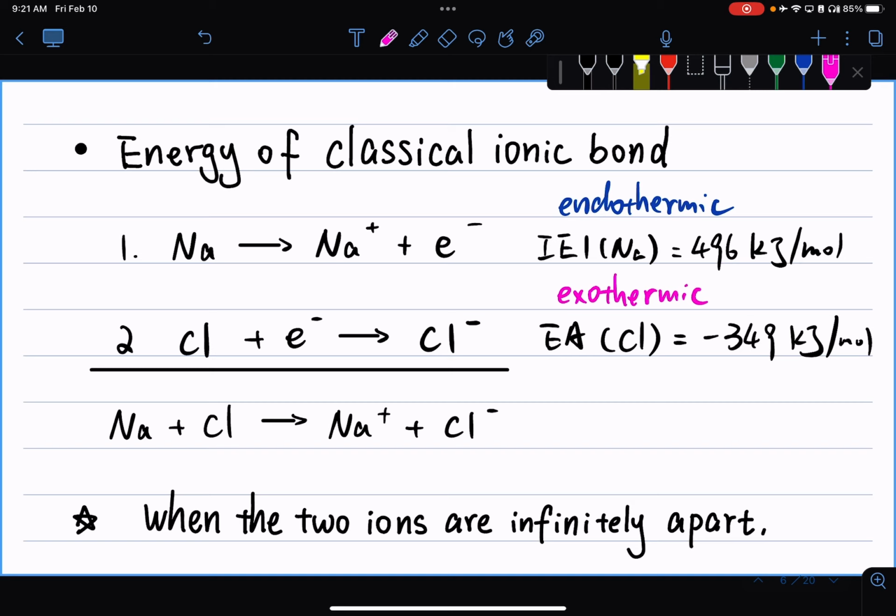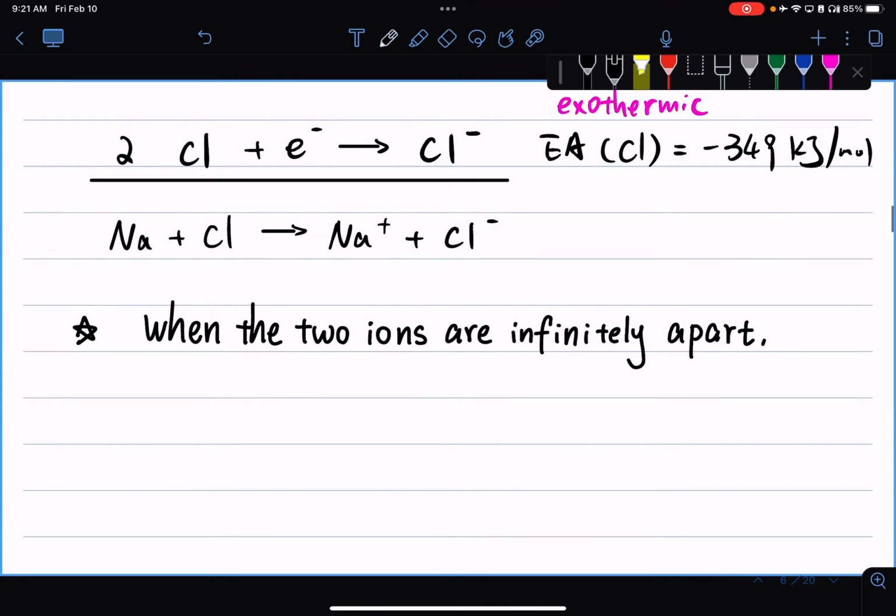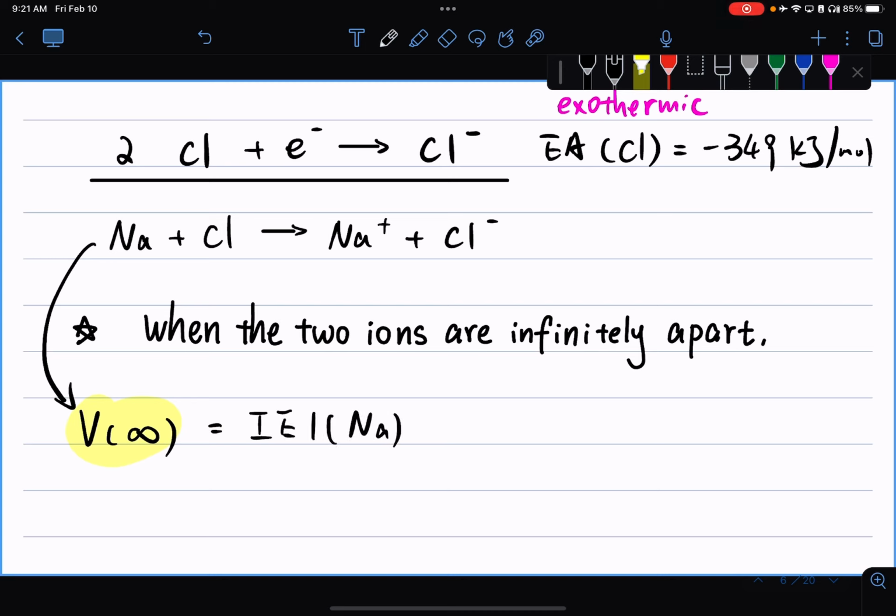But if we do the calculation here, this is the energy associated with the first reaction. This is the energy associated with the second reaction. What we're getting is, when the two ions are infinitely apart, I annotated it with the potential infinity. It basically just represents the energy of the above equation. That equals the ionization energy of sodium plus the electron affinity of chlorine.